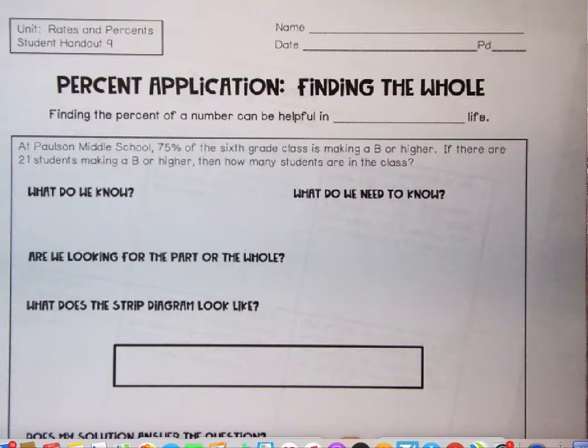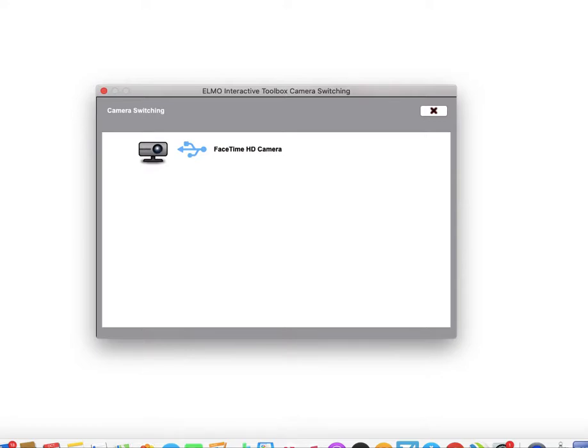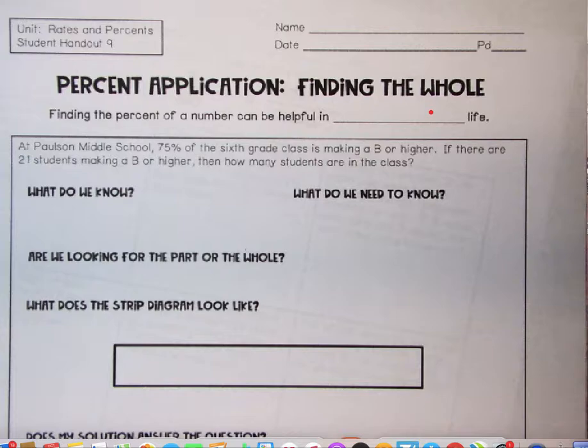Same scenario, Paulson Middle School again. 75% of the 6th grade class is making a B or higher, and there are 21 students making a B or higher. So how many students are in the class? So what do we know?